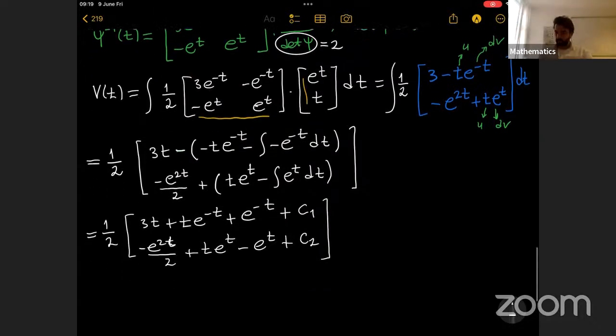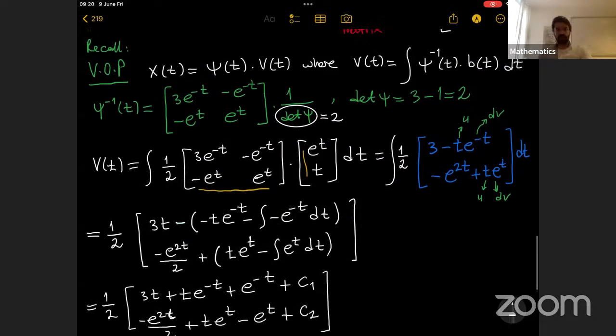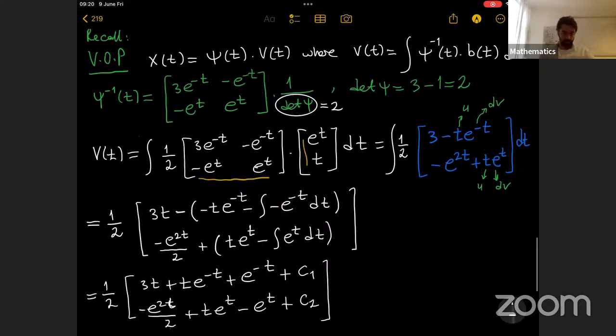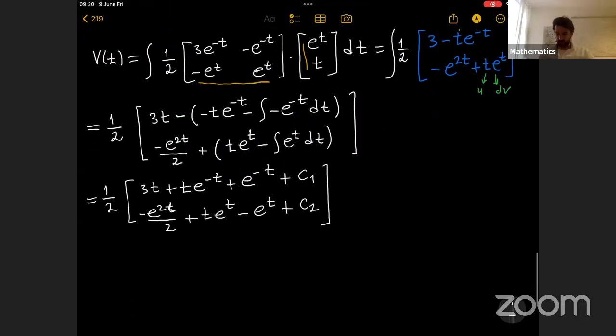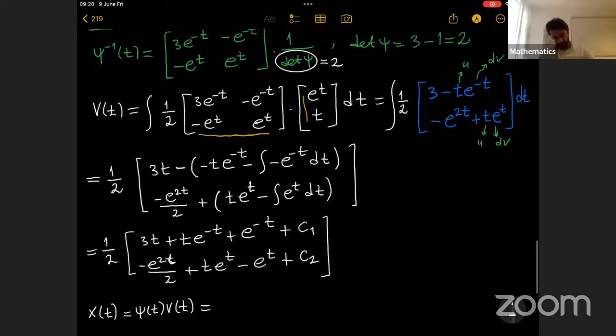Well, we almost get the solution, but let's write it in a nicer form. So we get basically v of t, and we know psi of t, so x of t is psi t times v of t. We can write this in a better form.